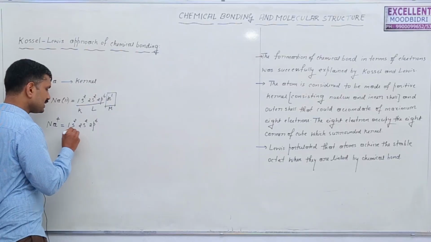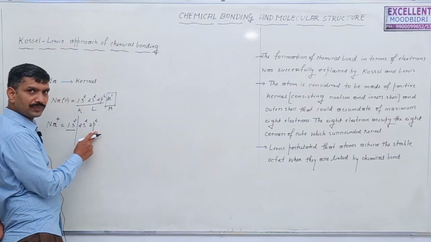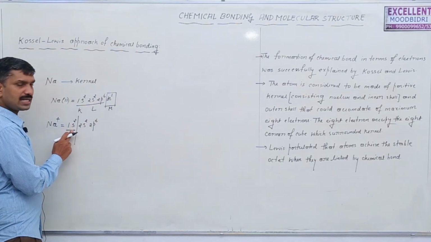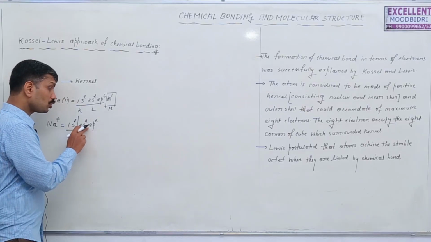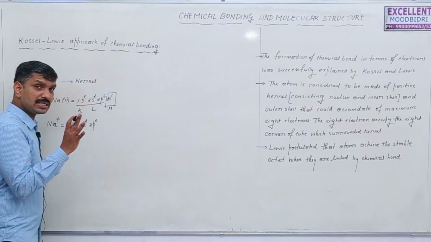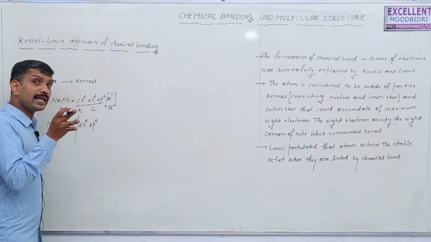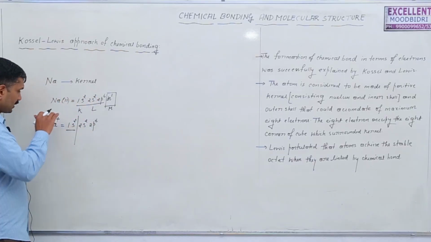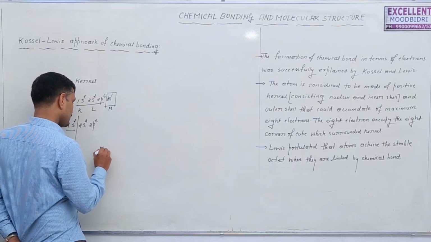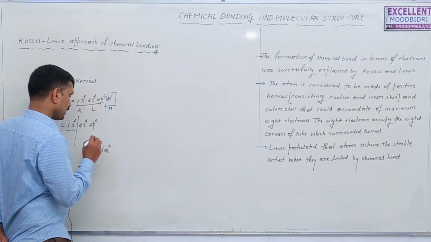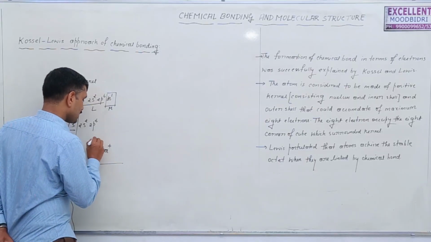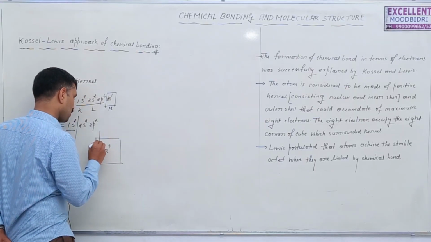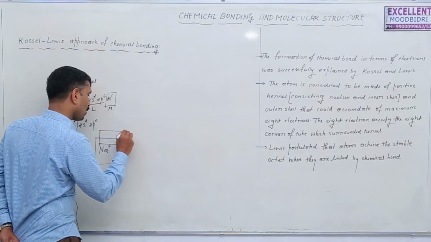This is the inner shell, this is the outer shell. Nucleus plus inner shell, and the outermost shell must contain 8 electrons. Those 8 electrons are accommodated at the 8 corners of the cube. Here, Na plus has 8 electrons at the 8 corners of the cube.